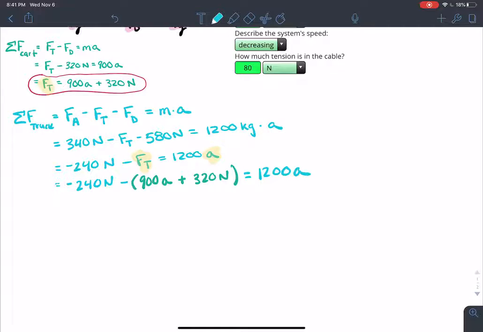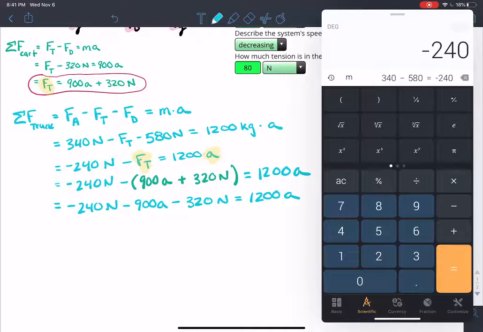I'm going to distribute the minus sign through, so I get negative 240 newtons minus 900A minus 320 newtons equals 1,200 times acceleration. We're going to combine like terms. So negative 240 plus a negative 320 gives me a negative 560.